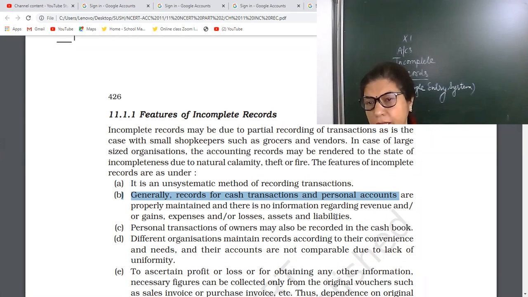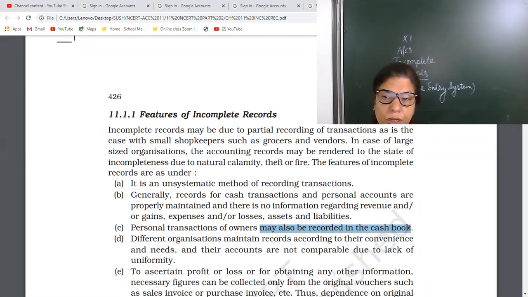These we cannot find out. Then personal transactions may also be recorded. This is the drawback. Personal transactions of owners like goods purchased for household, goods purchased for personal consumption may be entered as goods purchased for business or for resale, because just now I told you that is unsystematic, so we can say that may be the possibility.